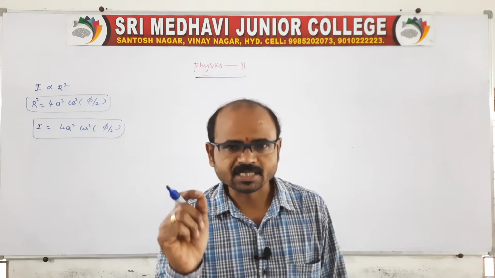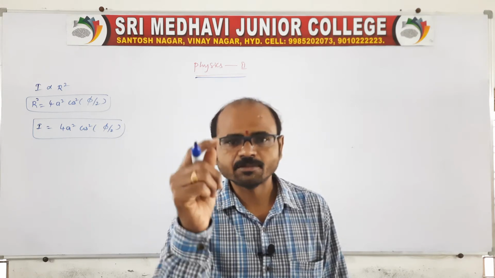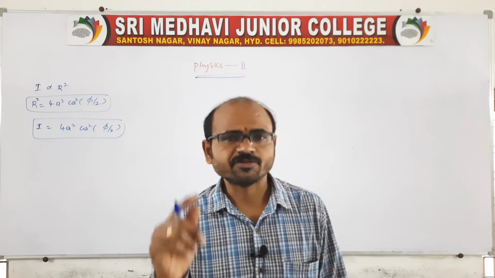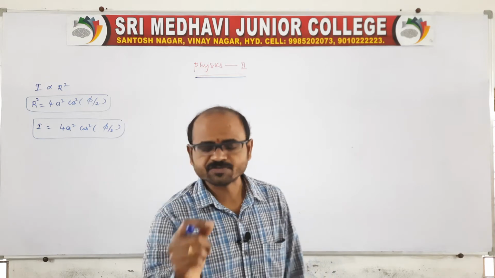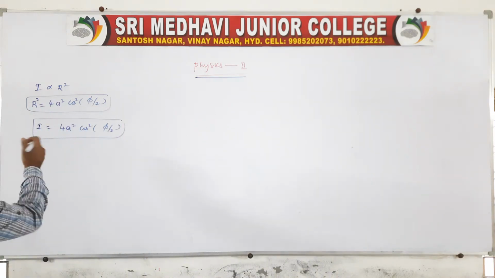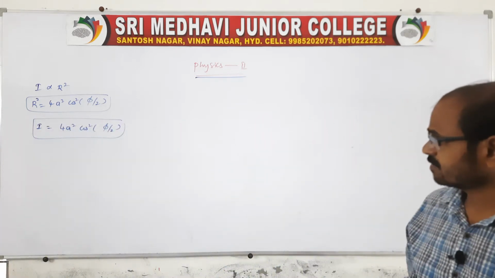Above the center and below the center it forms minima, because at the center is maxima. Now let us see the intensity relation: I is equal to 4a square cos square pi by 2.